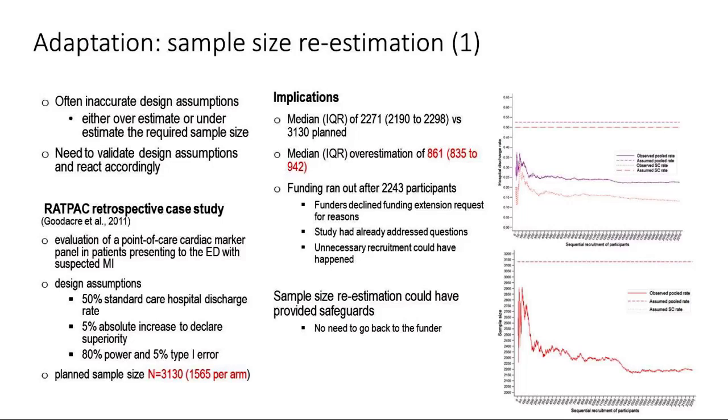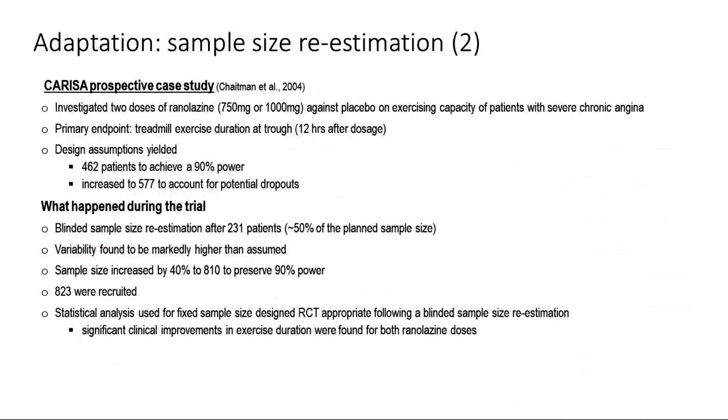We could have known that actually, close to that point, we would have answered the research question. So we stopped the trial there. That was it. So it's just another case study to show that sample size re-estimation can help you to address some of the challenges there.